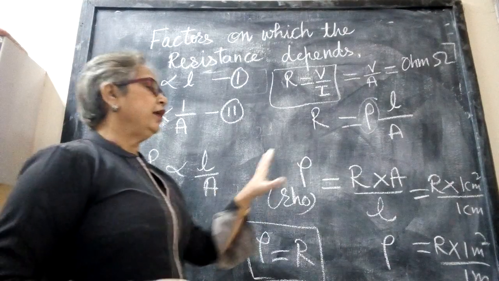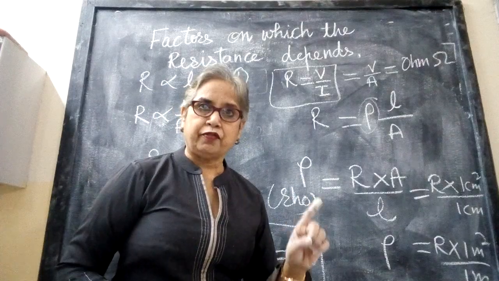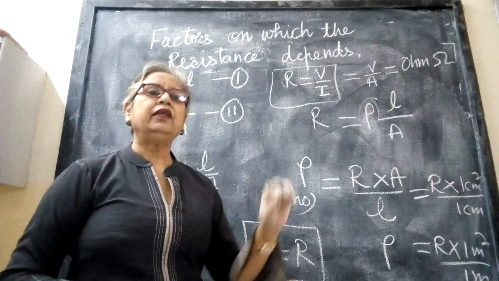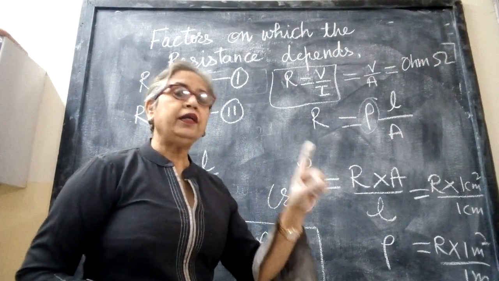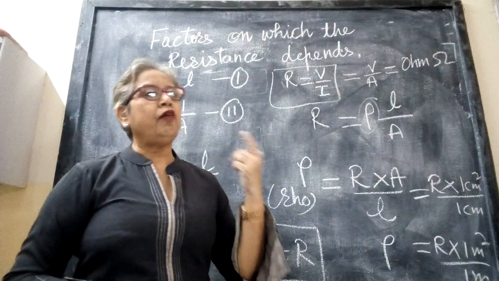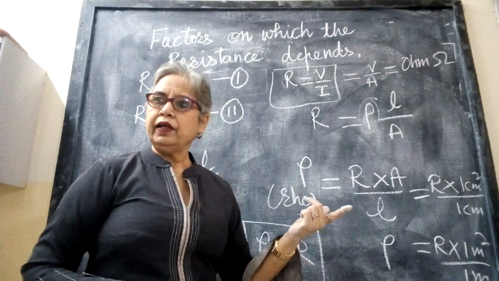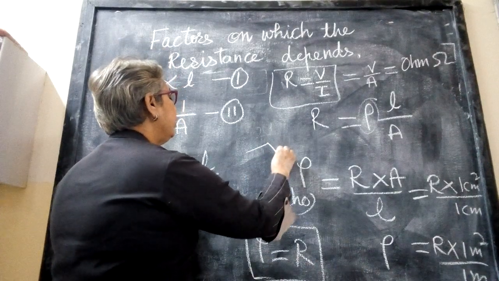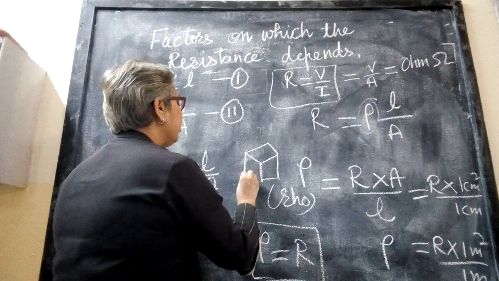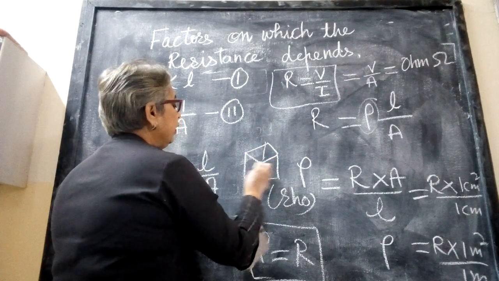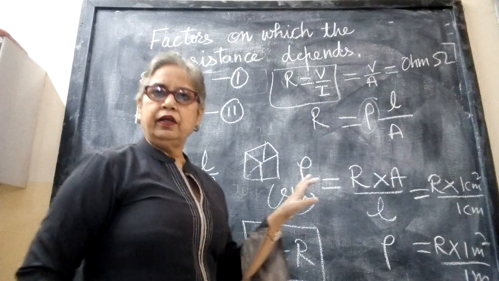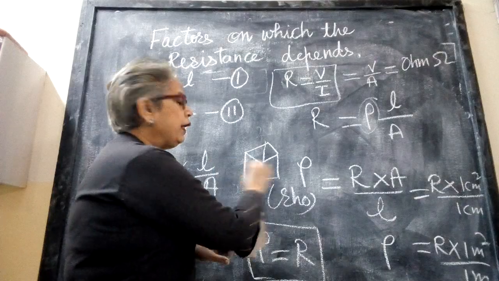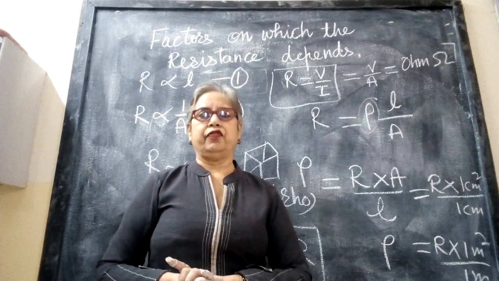So we can define resistivity or specific resistance as the resistance of a conductor, a resistor, which is of unit area of cross section and of unit length. Okay. In other words, we can also define resistivity as the resistance offered by a cube of a material with side unit, right, when the current is flowing perpendicular to its parallel surface.